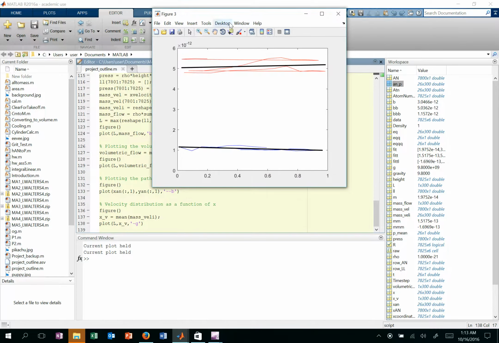And with this one, we have just the first and last atom. We're also plotting the pressure as a function of distance, and the black line is basically the slope. So for the first atom, we have the pressure slightly increasing as it goes through the tube, and for the last atom, we have it slightly decreasing as it goes through the tube.